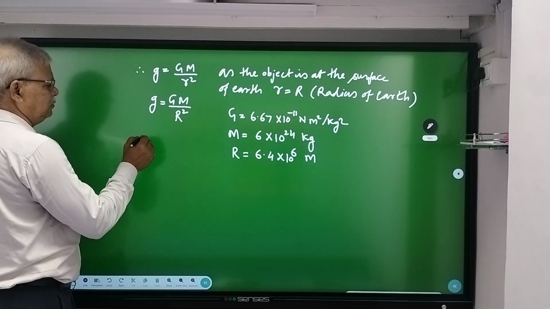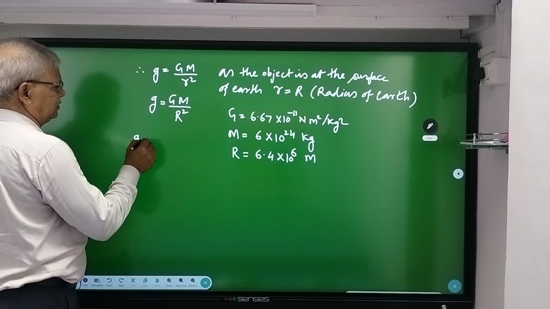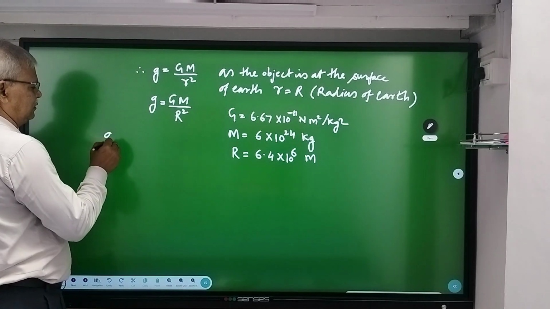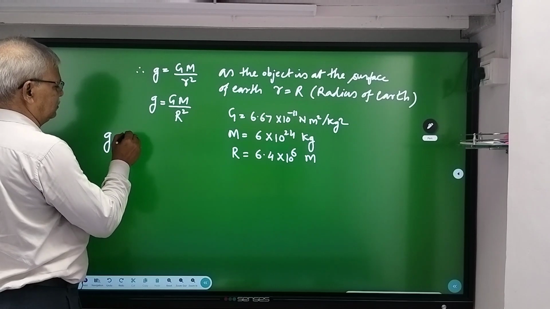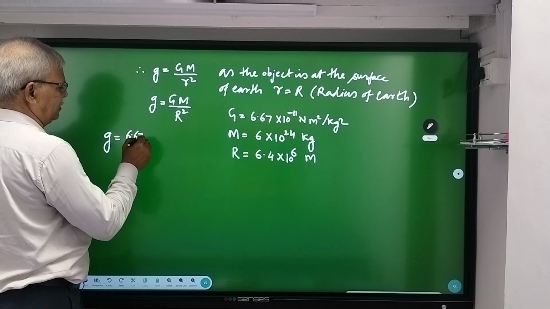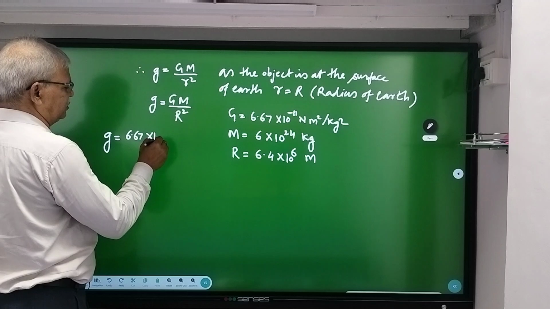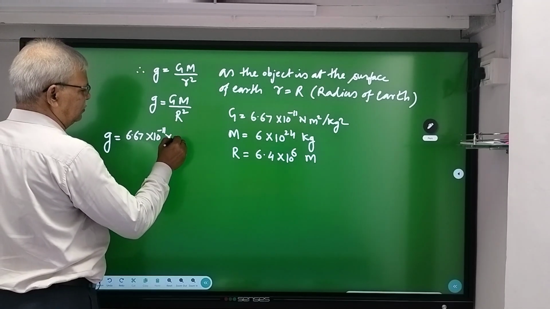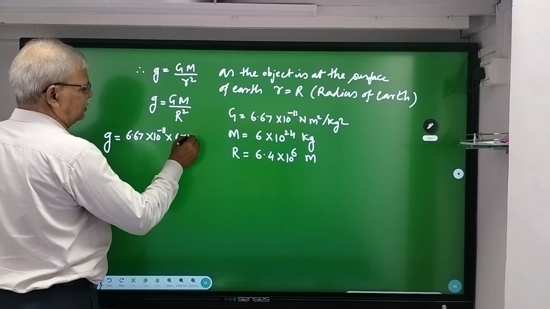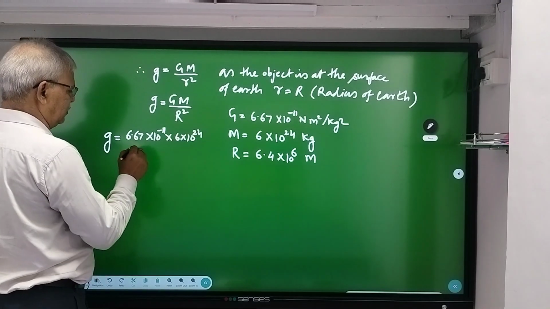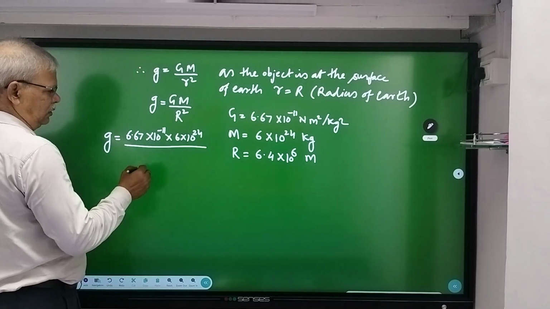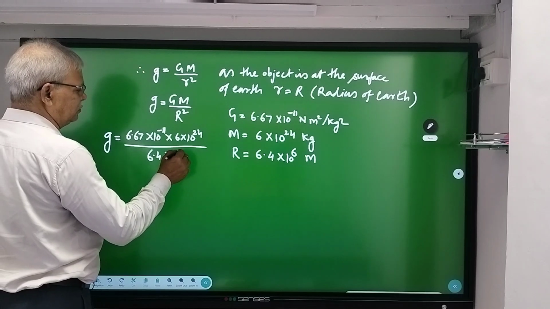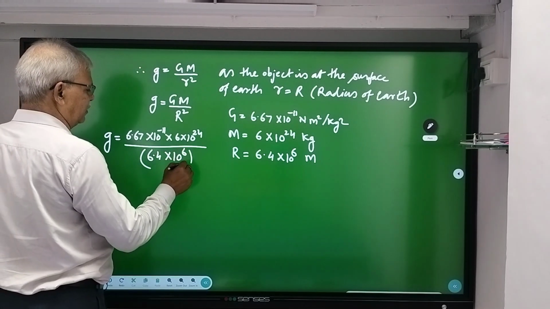Substituting these values here, g is equal to 6.67 into 10 raised to -11 into M which is 6 into 10 raised to 24 upon 6.4 into 10 raised to 6 square.